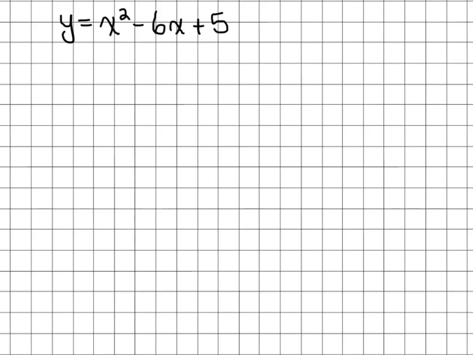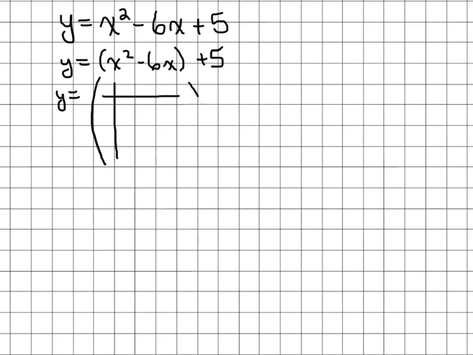So again, going through the process, we're going to group our x squared and our x's together and leave the units all by themselves. Now we are going to put our x squared and our x's into our chart to make a perfect square.